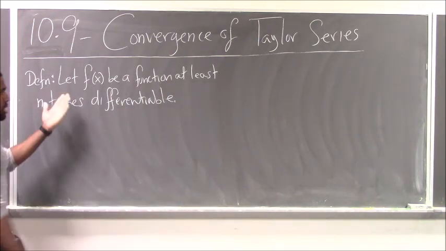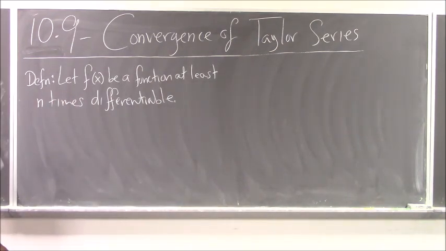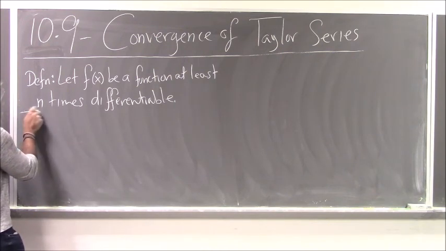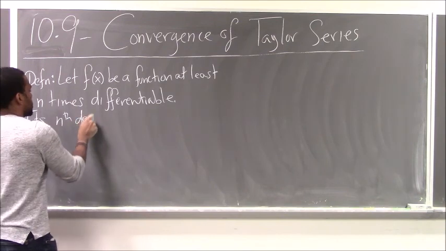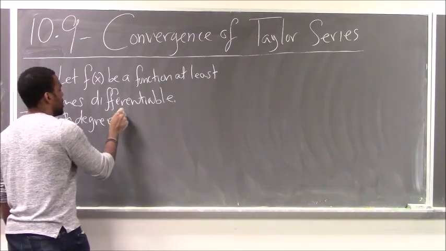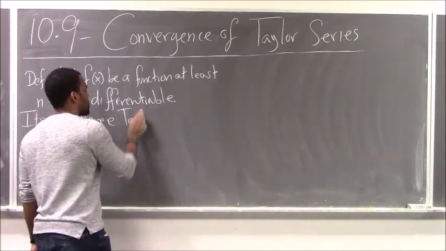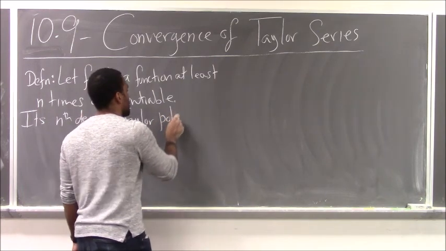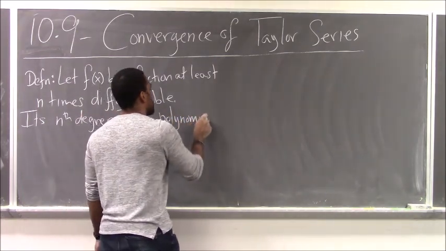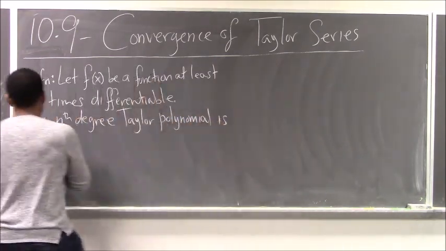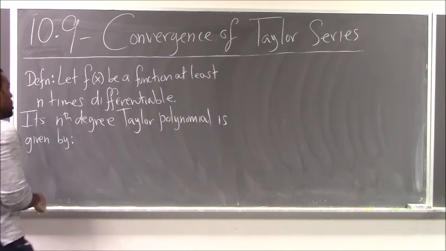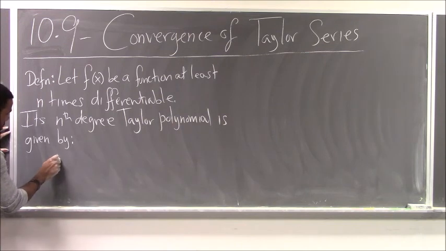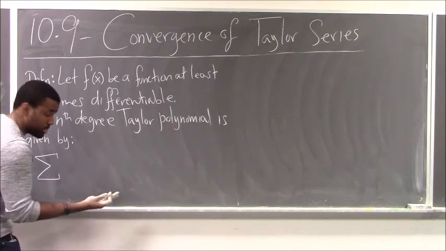Suppose you have something that's at least n times differentiable. Then its nth degree Taylor polynomial is given by, so it's just a finite Taylor series that goes up to the nth degree.